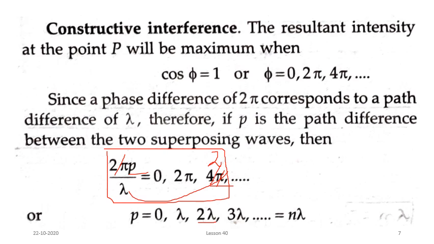So what do you notice from here? When my path difference P is 0 or lambda or 2 lambda or 3 lambda, bright fringe. Or I can say if they are integral multiples of the lambda, in that case also I will obtain the bright fringe.